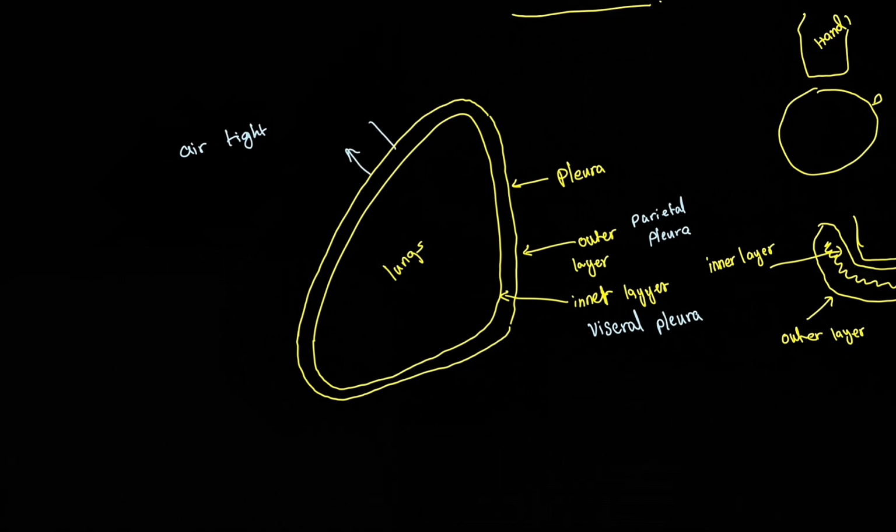Okay, so when you pull on the pleura, or the parietal pleura, what happens is that the lungs will be pulled in the same direction, so basically the lung will expand.